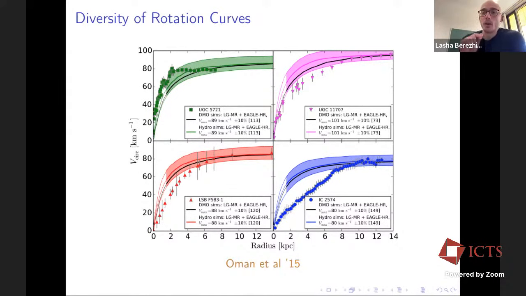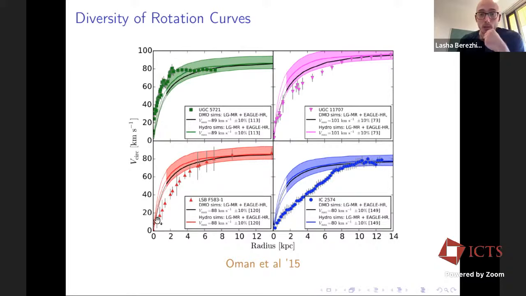However, if we only select galaxies with the same asymptotic velocity, the velocity that the rotation curve asymptotes to, observation still shows diversity in the shapes of the rotation curves. As you see here, these are four galaxies with similar asymptotic velocities.